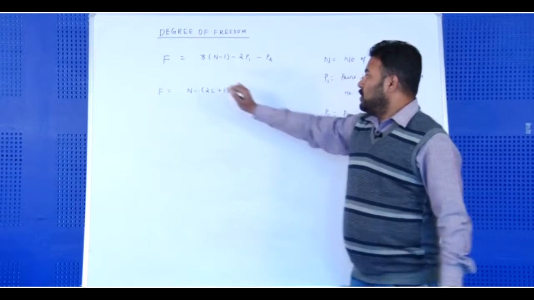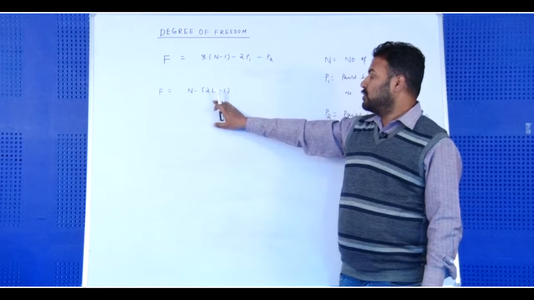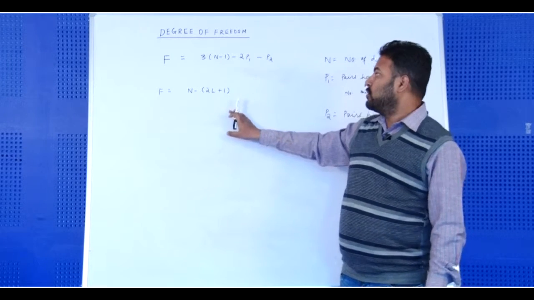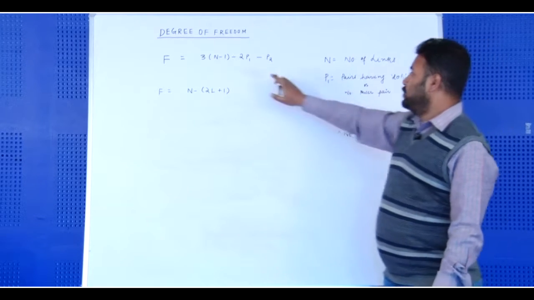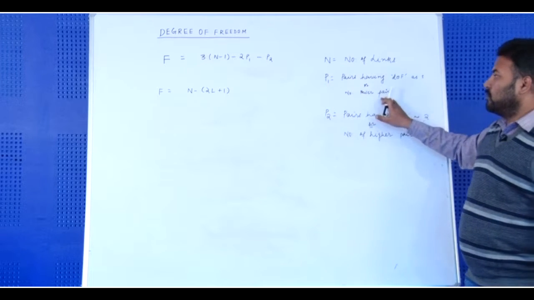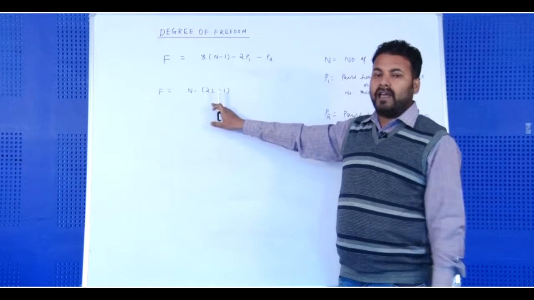These are the formulas given by Kutzbach, and this formula was the empirical formula given by Professor S.S. Rattan. These were both useful for finding the degree of freedom, where n, as I have told you, is the number of links in the mechanism, p1 is the pairs having degree of freedom as 1 or number of lower pairs, and p2 is the pairs having degree of freedom 2 or higher pairs.